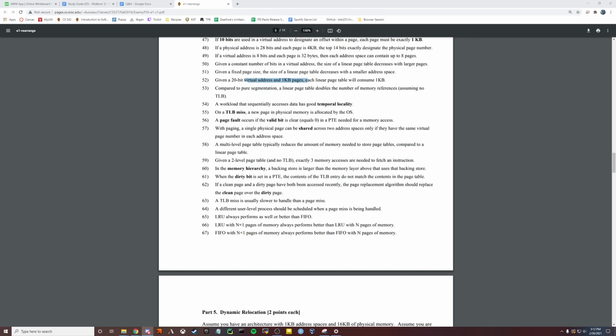I think this one is true. But isn't the linear page table multiplied by the size of each page table entry, times 4 bytes? So wouldn't it be 4 kilobytes?